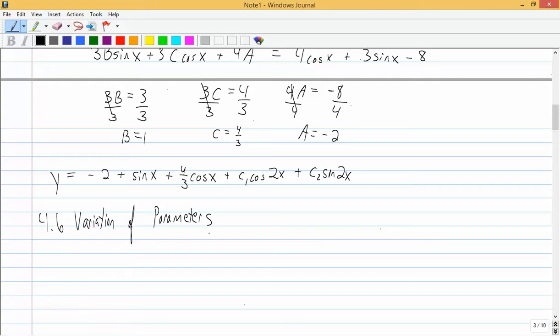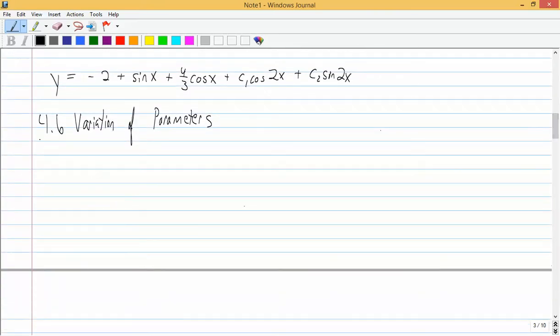Now, we have already went over variation of parameters with first degree or first order differential equations. But in order to adapt the method of variation of parameters to a second order differential equation, here's the second order differential equation. This is just the general form.